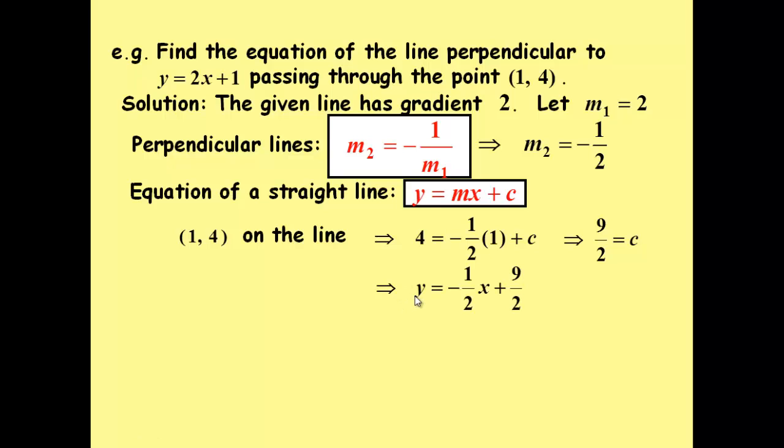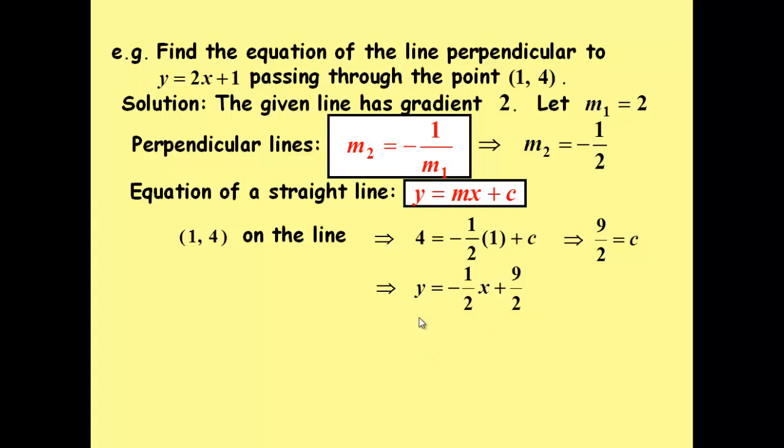And then we just simply put everything into the equation. Normally if you get an equation with fractions like this, you'll be expected to get rid of the fractions by multiplying through by a whole number, and in this instance if you multiply through by 2 you'll get rid of these fractions on the right.